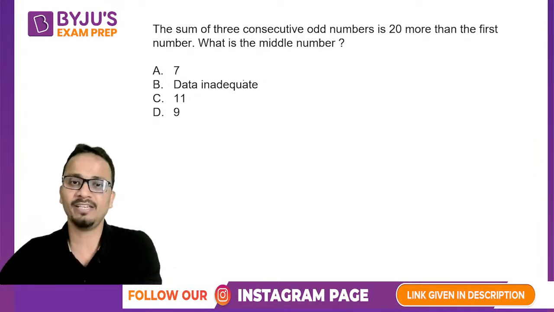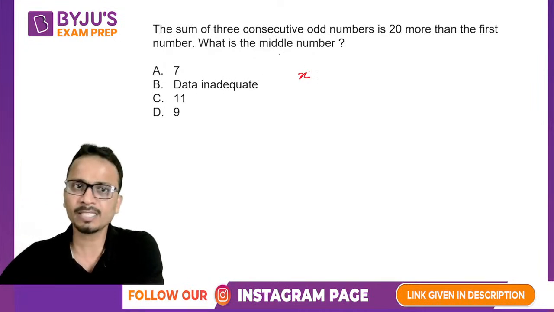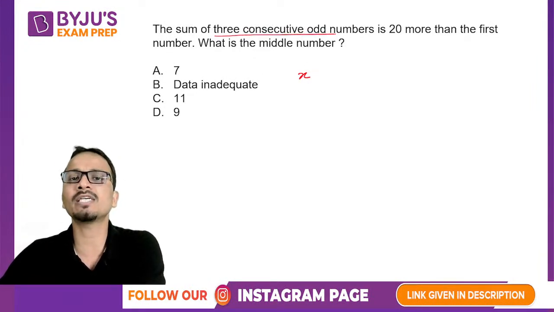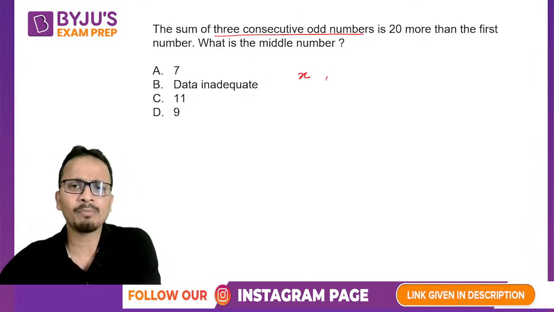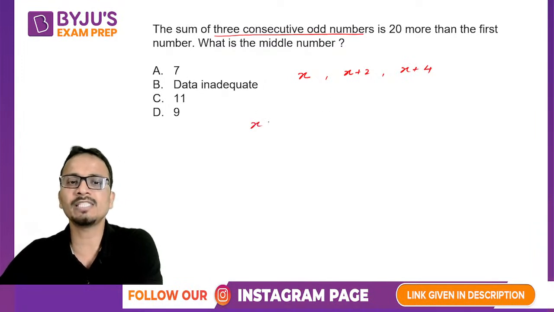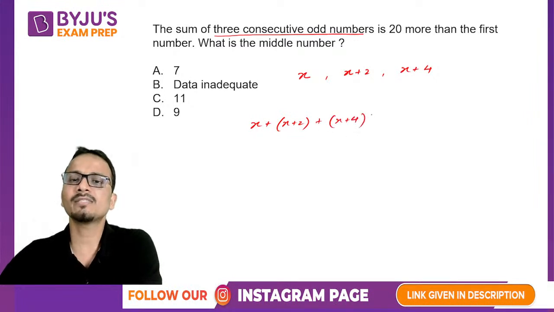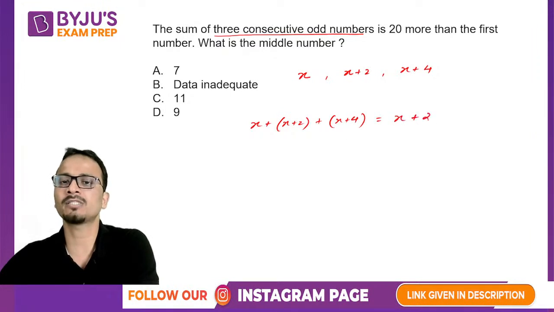Okay, fine. Now I'm starting by assuming the first number as x. Since these are three consecutive odd numbers, odd numbers are at a gap of 2. So if the first number is x, the second number will be x plus 2, the third number will be x plus 4. Now the sum of these numbers is 20 more than the first number, so it is x plus 20.